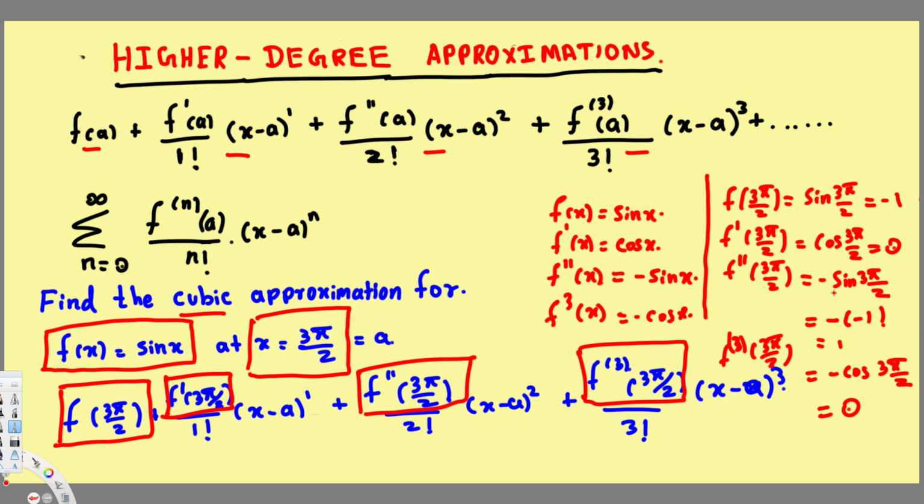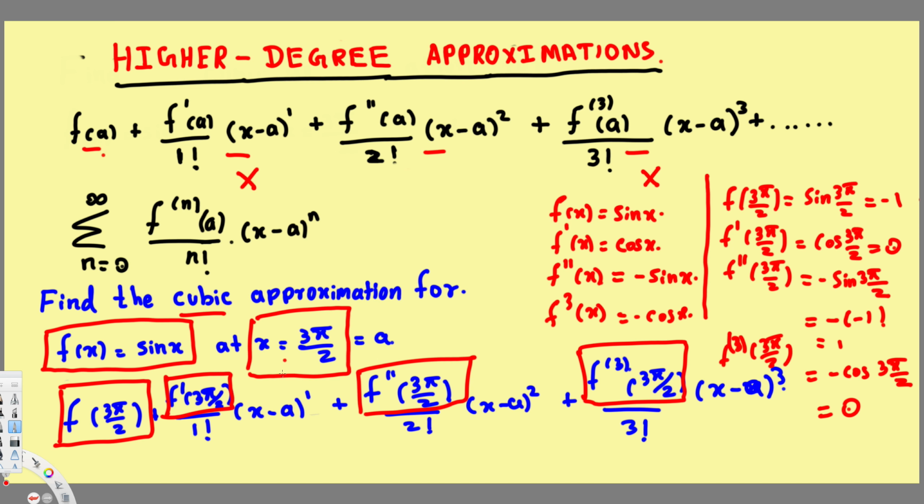Now all we have to do is add all of them together. The first derivative is 0, so that term doesn't come, and the third derivative is 0 too, so that one doesn't come either. All we have to do is add these two together, and that's going to be the cubic approximation. Let's go ahead and add it.